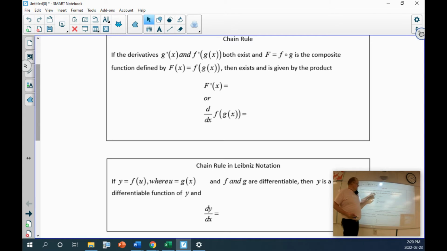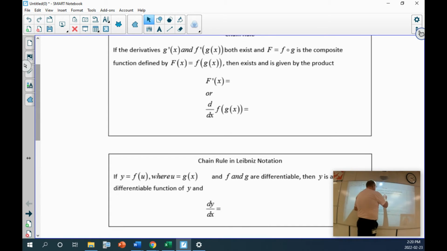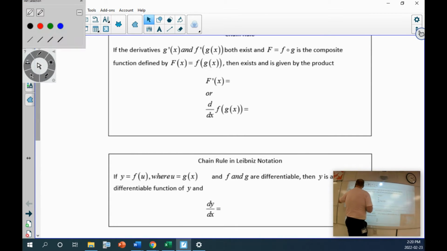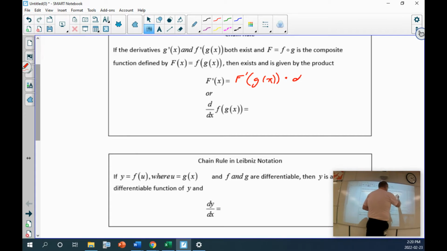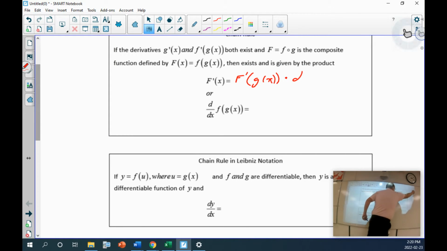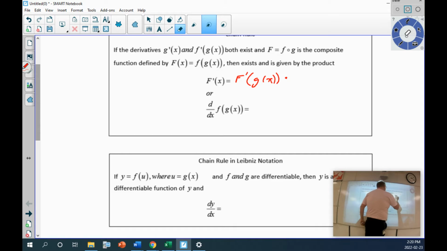So if you have a function defined as a composite function, okay, a function of a function, the derivative of the overall function is equal to the derivative of f prime g of x, so whatever the derivative of that is, times the derivative of what's inside the function.